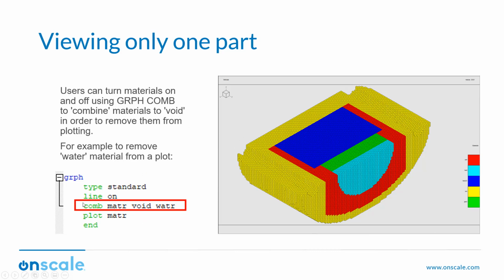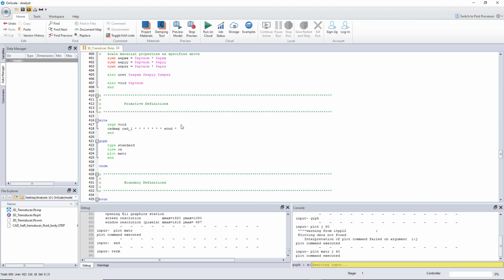If I do comb mat void water, it will combine the water and the void material, so the water will disappear. And then I have to plot the material again. So let's try. I still have this view activated, so now I will replot the total material mat like that.